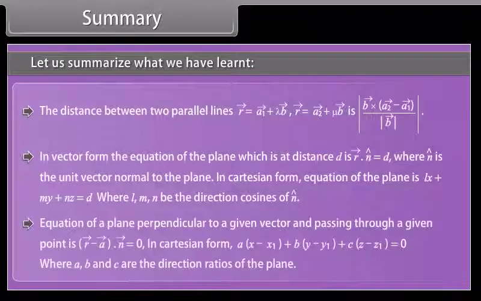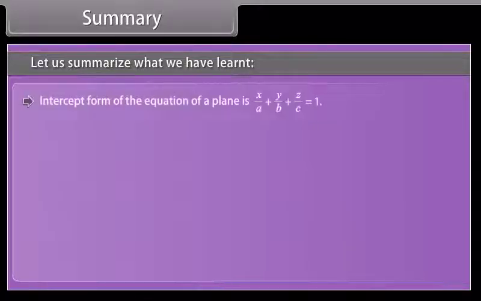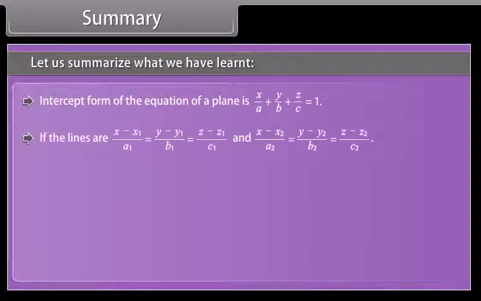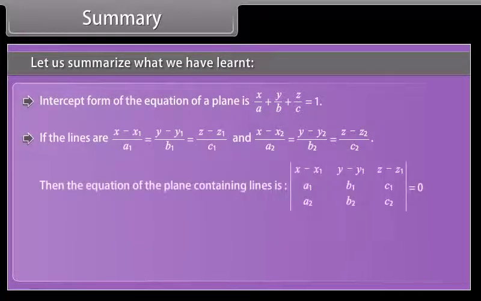Equation of a plane perpendicular to a given vector and passing through a given point is, in Cartesian form, where a, b, and c are the direction ratios of the plane. Intercept form of the equation of a plane is given. If the lines are given, then the equation of the plane containing the lines is given.